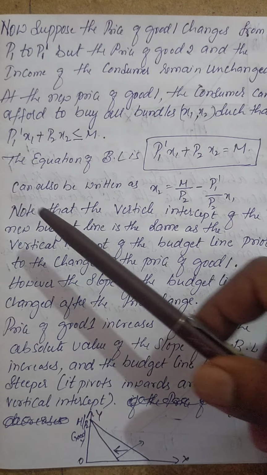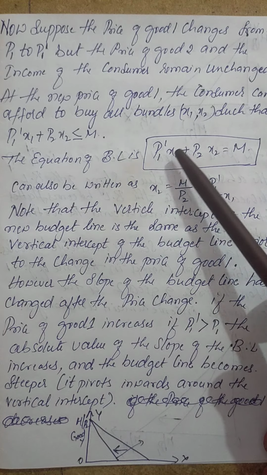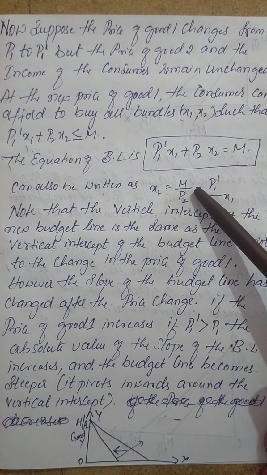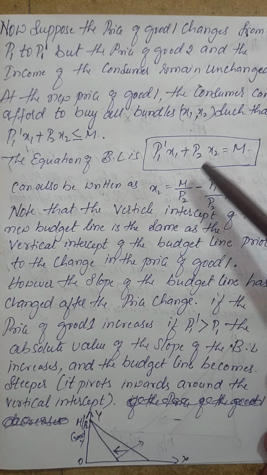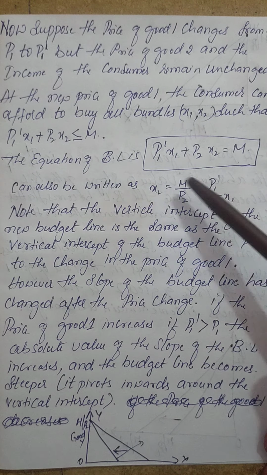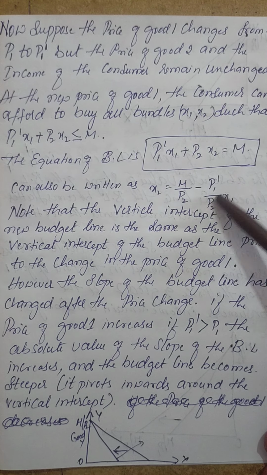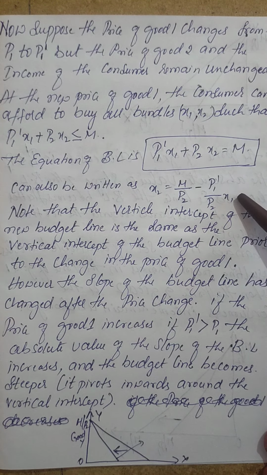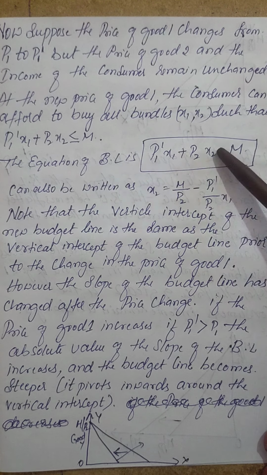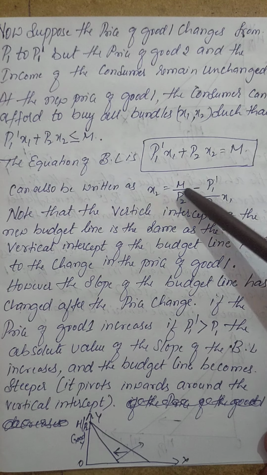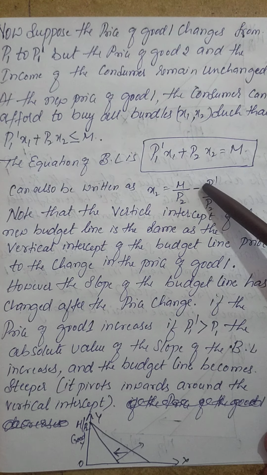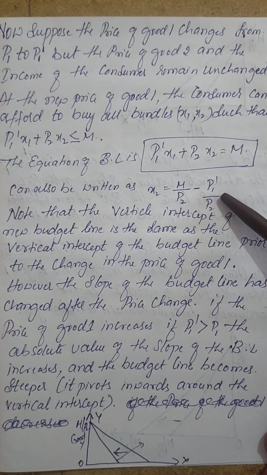We can also bring this expression: X2 is equal to M divided by P2 minus P1 dash divided by P2 into X1.